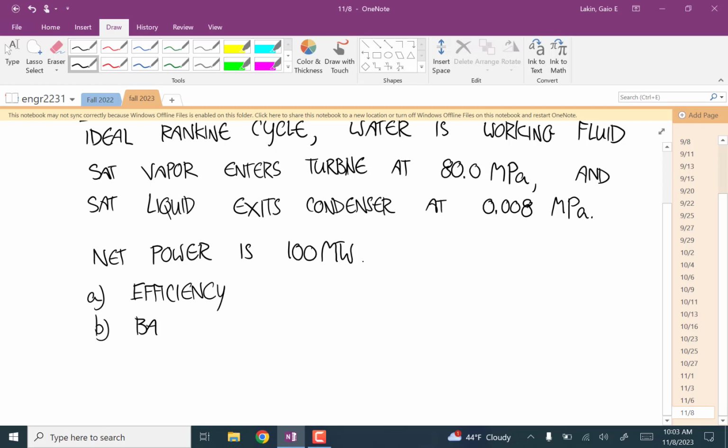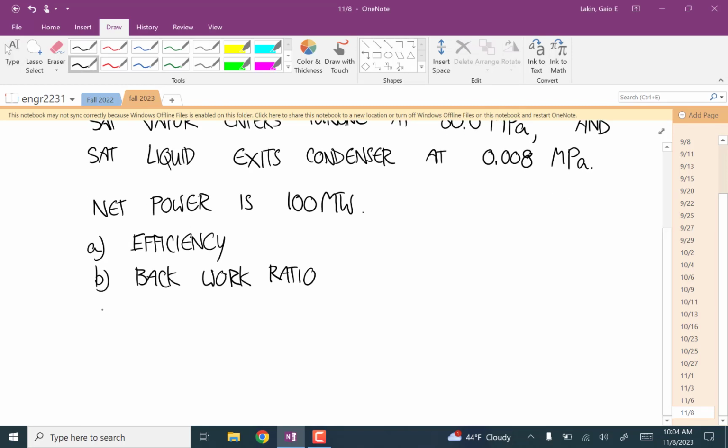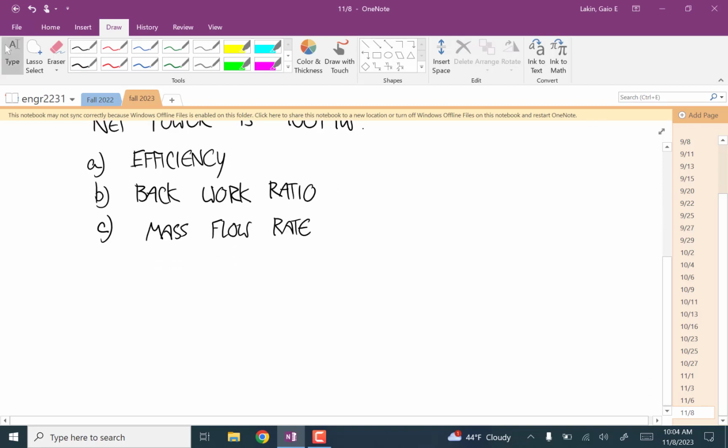The back work ratio. Anyone remember what that is? That's the ratio of the work you have to put into the pump to the work you get out of the turbine. C, the mass flow rate. D, we're just going to basically go through all the stuff you can calculate: the rate of heat going into the system at the boiler.